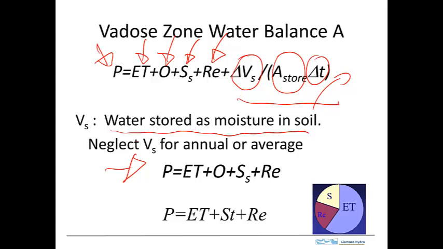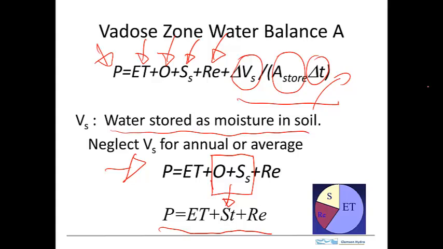One thing that we'll do in some cases is to lump together overland flow and the subsurface storm flow, and we'll just call that storm flow. So we've got some water that's shed off of the landscape quickly during rainfall. In this simplification, it doesn't really matter whether it's going through the shallow subsurface and then emerging out at the toe of the slope and going into the stream, or if it's just running over the land surface.